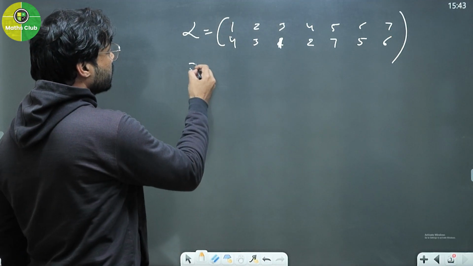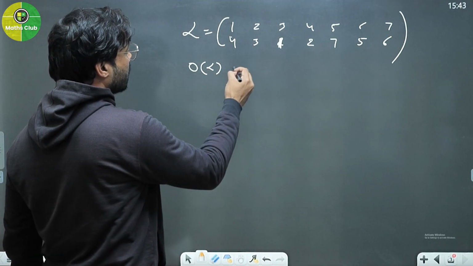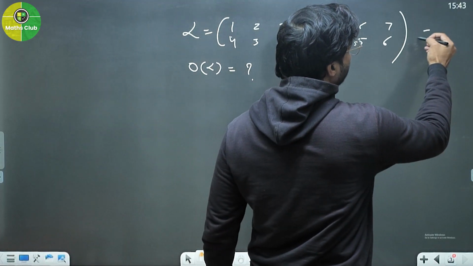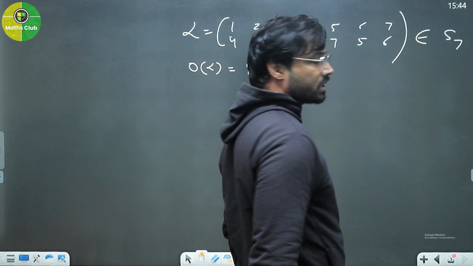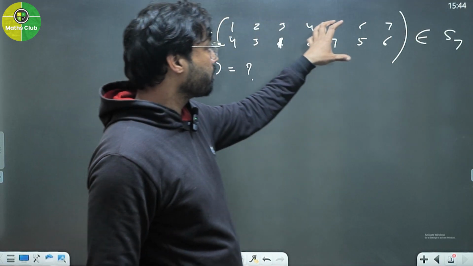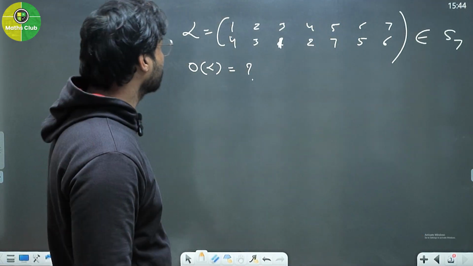This is an element of S7, and we have to find its order. First write the given permutation as a product of disjoint cycles.